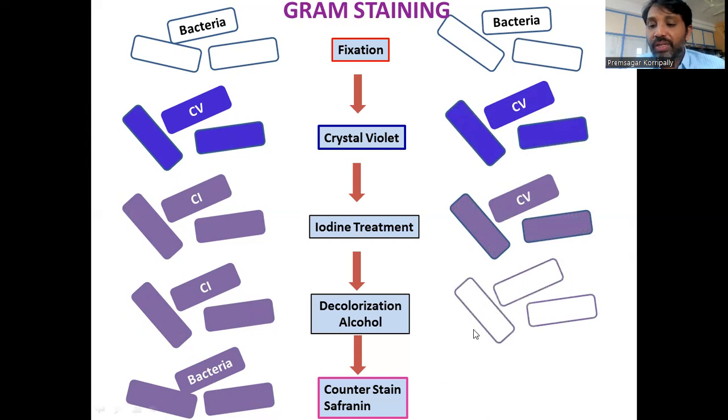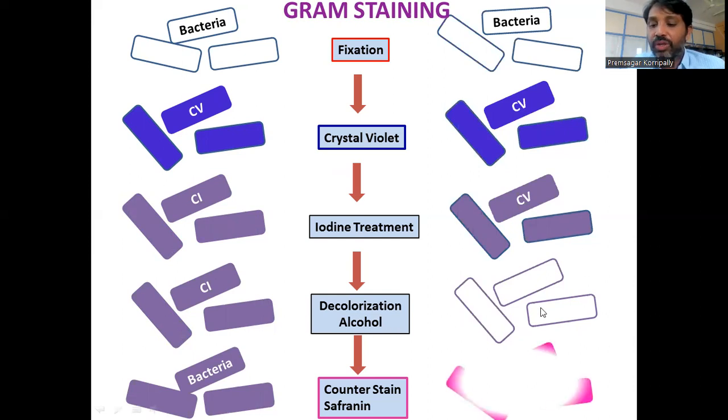When you do the decolorization, they lose the stain, because these bacteria have a thin cell wall and an outer membrane. The outer membrane basically consists of lipids, plus a thin cell wall. Because of these two reasons, they lose the primary color whenever you treat them with the decolorizing agent, that is alcohol or acetone.